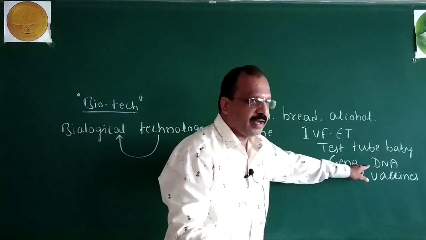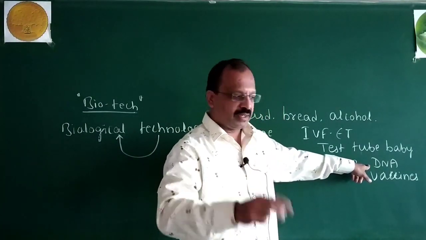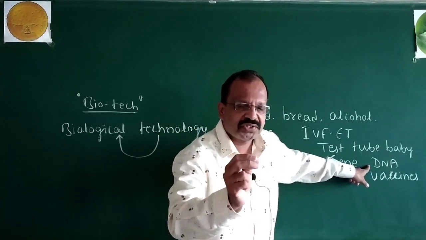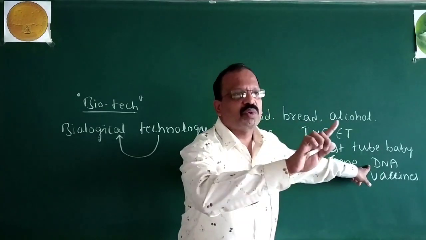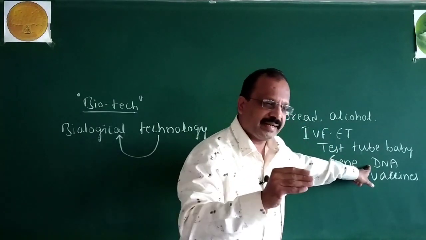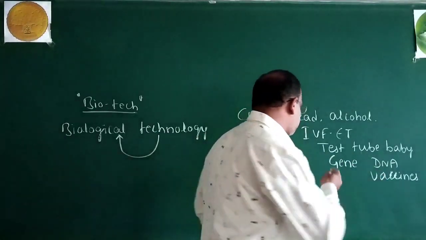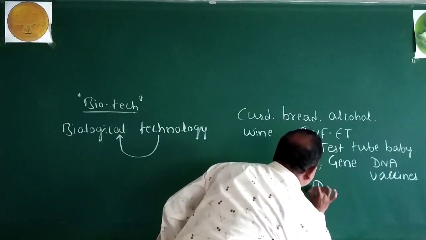You know already DNA, it is commonly called the master molecule in the biological system because it will control all the activity of the cell directly or indirectly. DNA vaccines and correcting a defective gene.